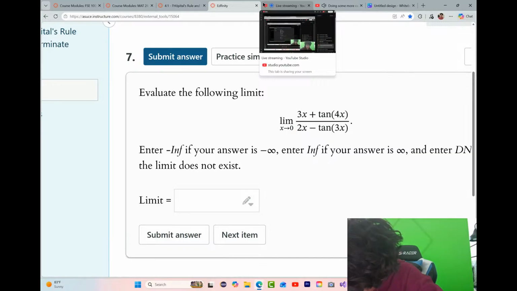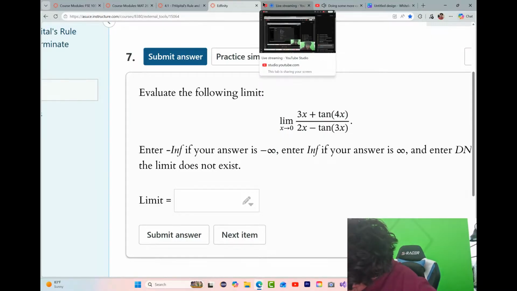So we have the limit as x tends to 0 of the derivative: 3 plus, and the derivative of tangent of 4x is secant squared of 4x times 4 per the chain rule, all over 2 minus secant squared of 3x times 3.